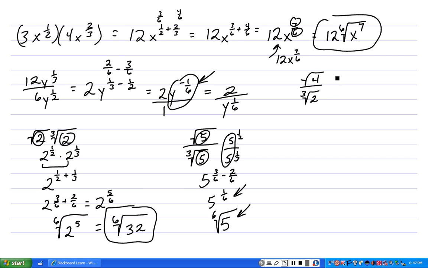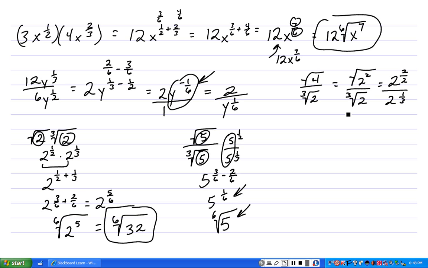So this is the square root of 2 squared, because 4 is 2 squared, over cube root of 2. And the square root of 2 squared ends up being 2 to the 2/2, because we're talking about the square root, over 2 to the 1/3.